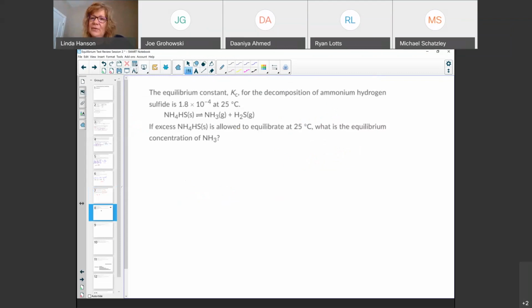An example solving for equilibrium of molarity when given a K constant. Let's try this one, see if this hits it. The equilibrium constant, I'm going to rewrite the equation just to copy it with you, and I can tabulate things under it. NH4HS is in equilibrium with NH3 and H2S, and the constant is 1.8 times 10 to the negative 4.